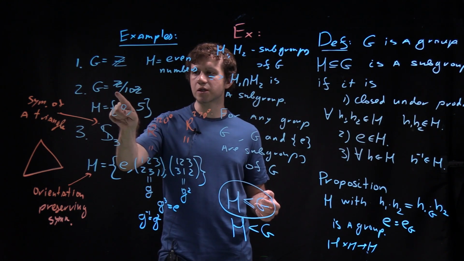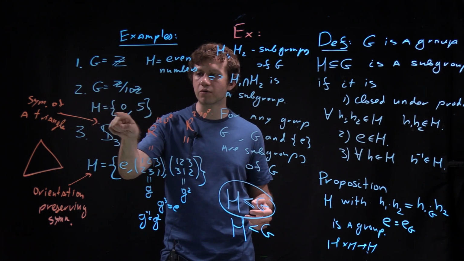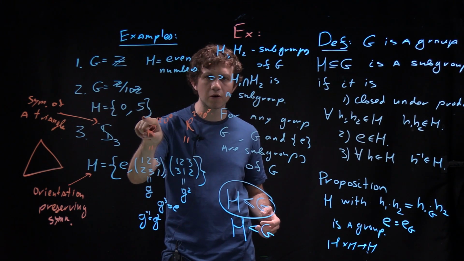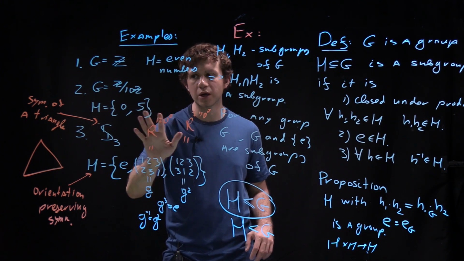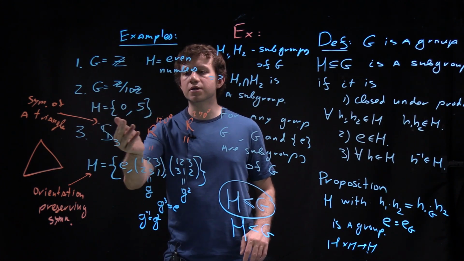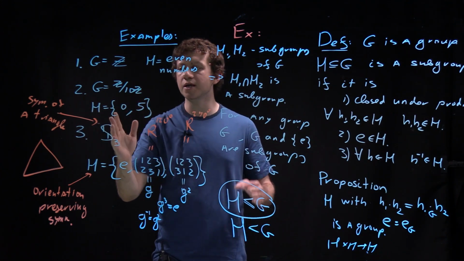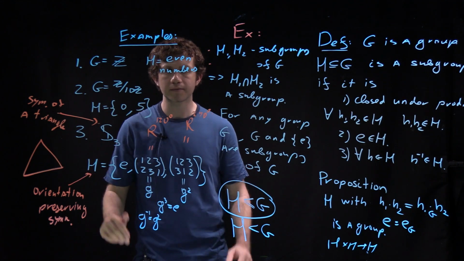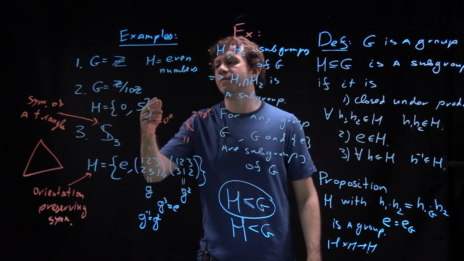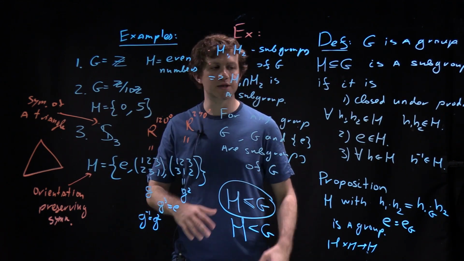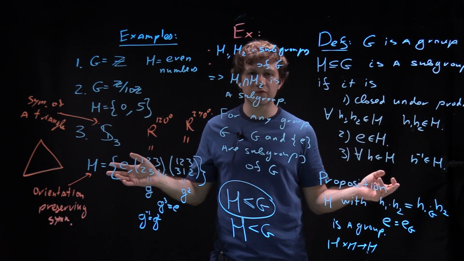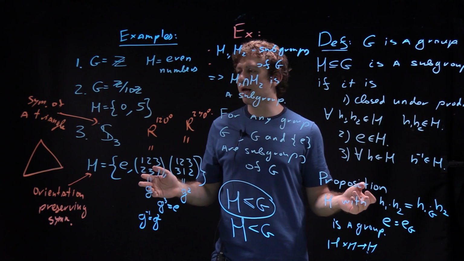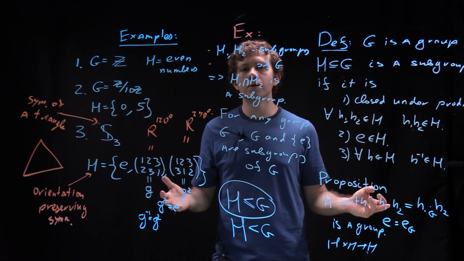So it looks like this one, for instance, H consisting of 0 and 5, where 5 plus 5 is 0. It's the same as this group with 2 elements where you had this flip. So it's just another instance of this flip group, and we should say they are equal. But one of them is about remainders, another was a symmetry of a Christmas tree or something from the first lecture, and in which sense they are equal?